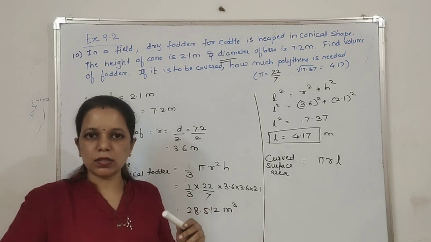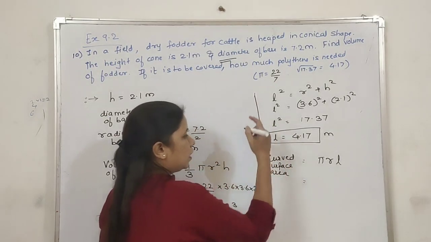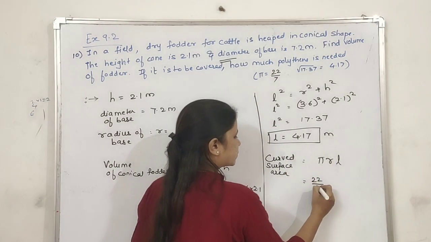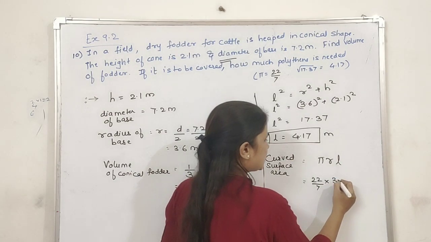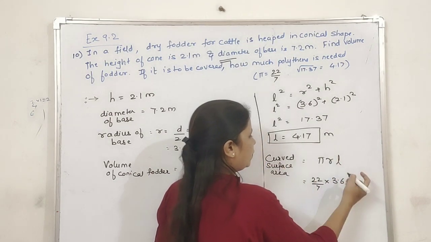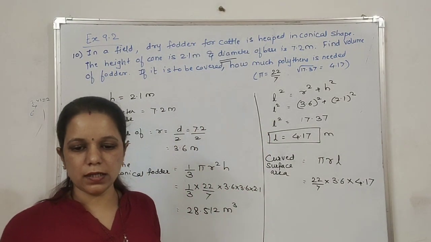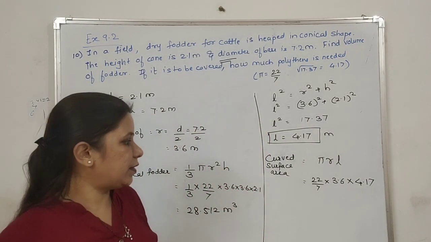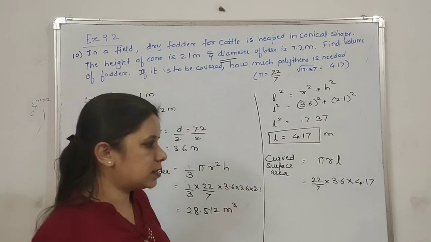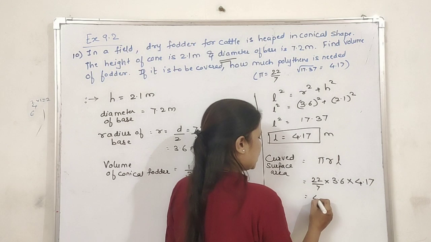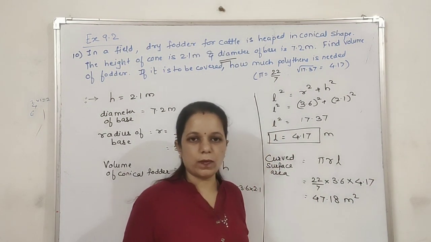The base is on the ground itself. So curved surface area we will calculate it. 22 by 7 into r is 3.6 into L, we have calculated it just now, it is 4.17. So when we multiply this and divide, we will get the answer as curved surface area is 47.18 meter square.